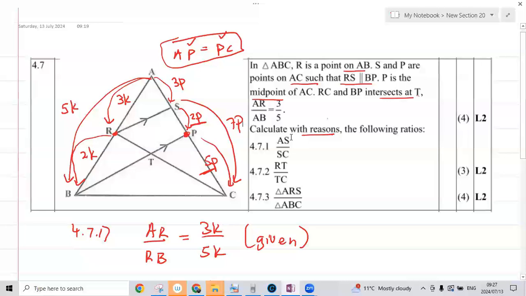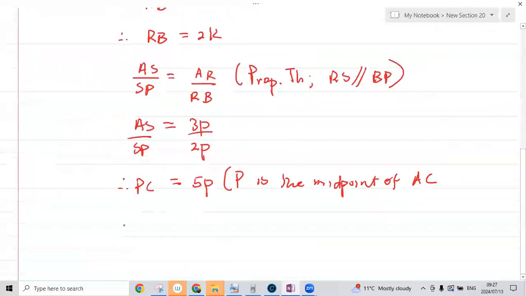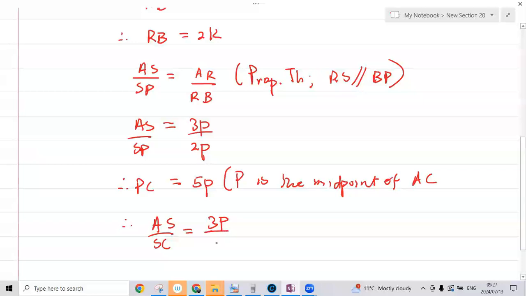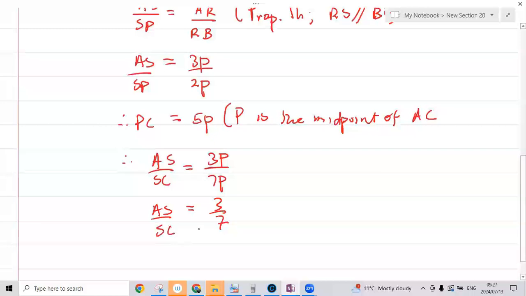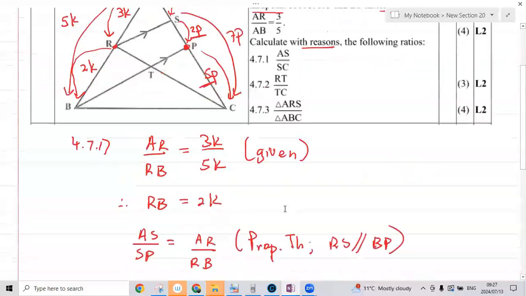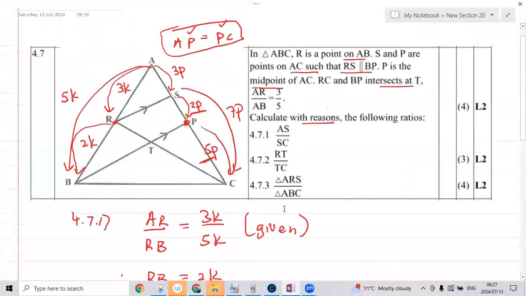So we can conclude AS over SC is going to equal 3P over 7P, which equals 3 over 7. So AS over SC is 3 over 7. Okay, so that's our first question done. And what was that? It was 4 marks, eh?